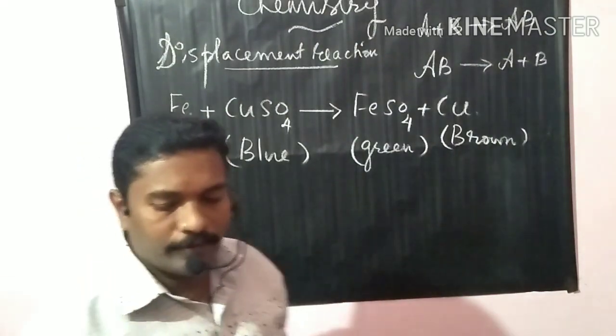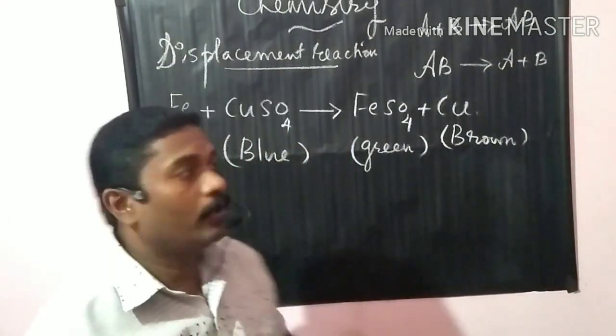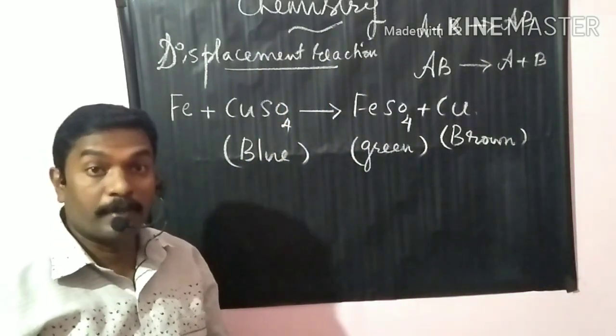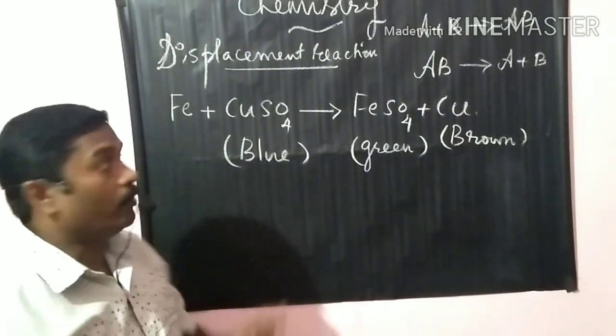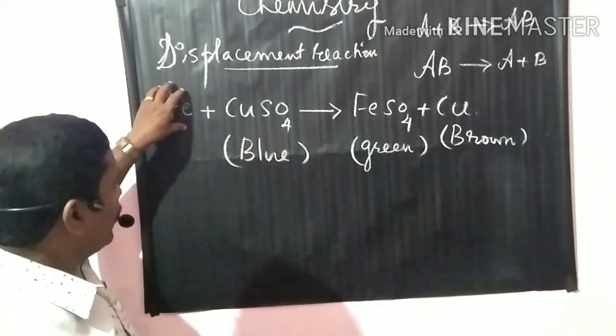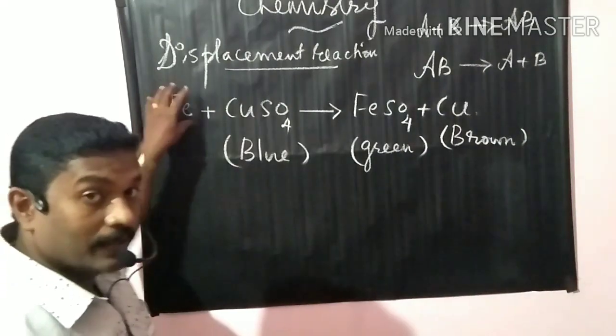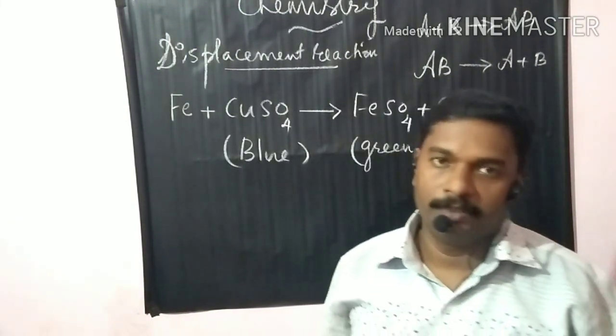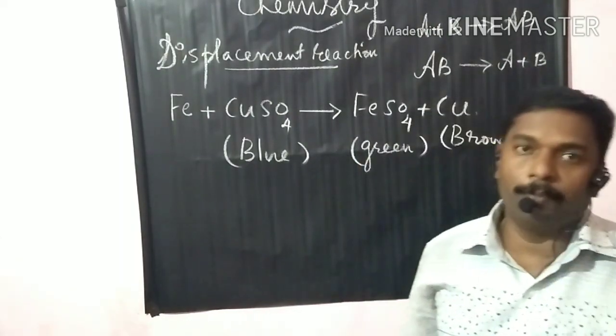And this type of reaction is called displacement reaction. So what is displacement reaction? Here listen, iron is more reactive than copper.